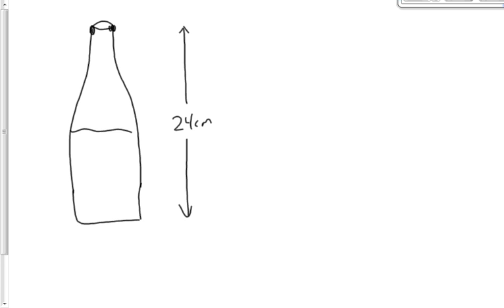It's half full of Coke. Half full. The temperature of the air is 20 degrees Celsius. I want to know the sound that you hear when you blow across the top of this pop bottle.